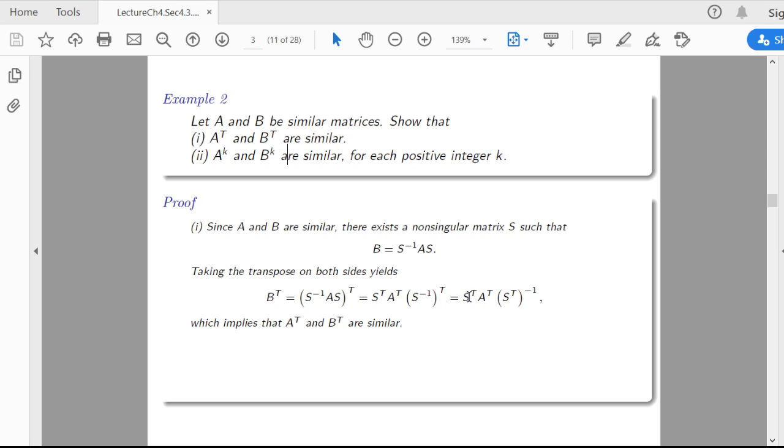So these two matrices are inverses of each other. So based on the definition, we can say the transpose of A and the transpose of B are similar by the definition.